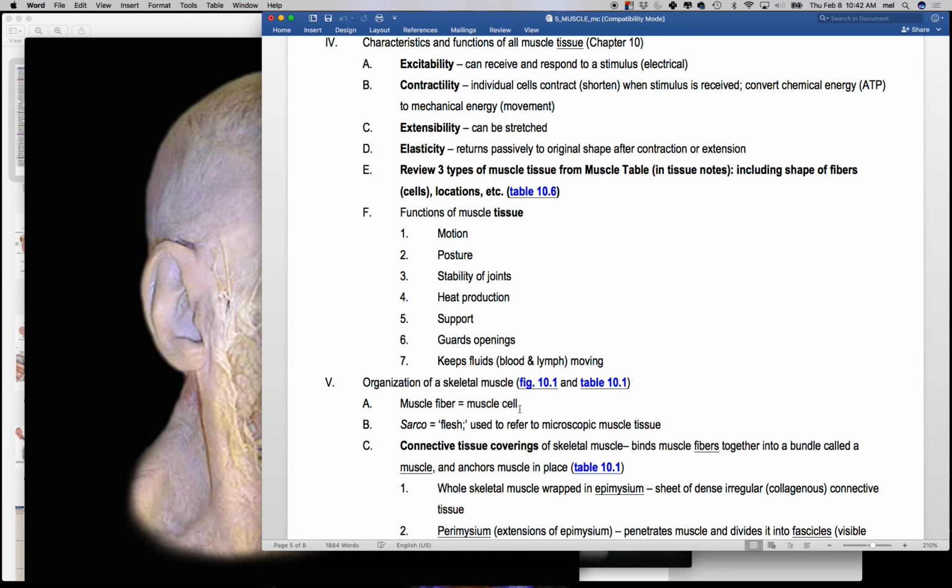Let's talk briefly about the functions of muscle tissue, and then we'll get into the details of muscle tissue. Of course we know that muscle makes you wiggle, but that's not all muscle does at all. Muscle is responsible for motion, both moving your skeleton and your skin around, and also moving stuff through tubes in your body or organs, like moving stuff through your heart and through all your tubes.